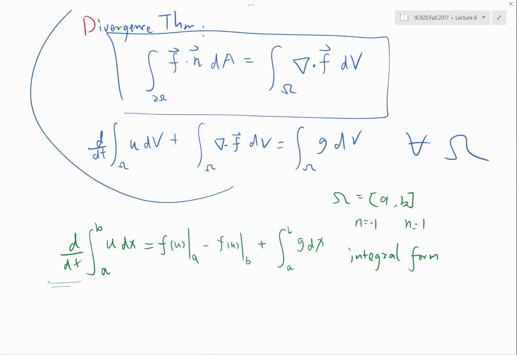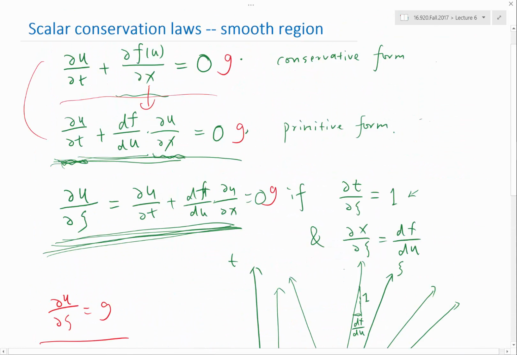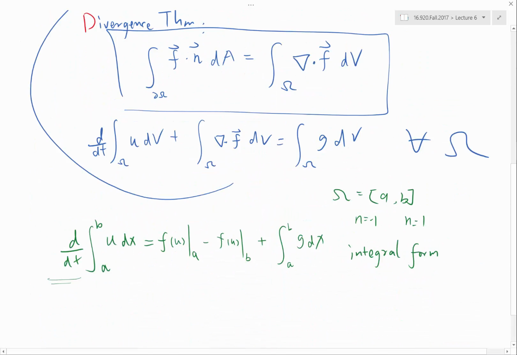Okay, so we have three forms so far. We have the conservative form, the primitive form that works for smooth regions, and we have the integral form that works no matter if the solution is smooth or not, right? So now it becomes pretty obvious, if you want to solve an equation with potential discontinuities, which form you should discretize if we want to use a numerical method.